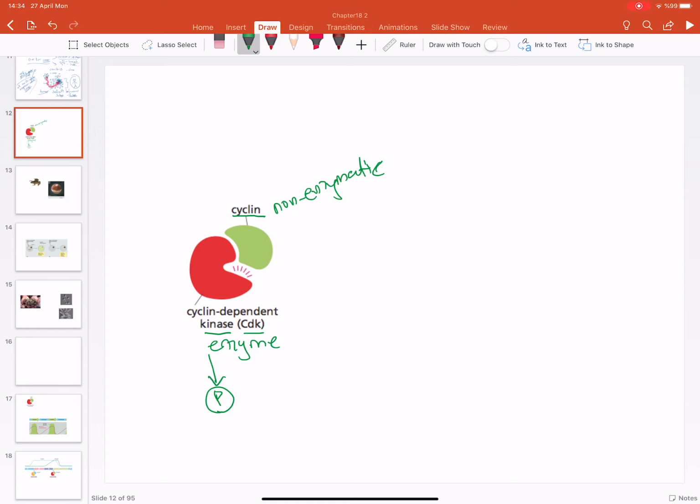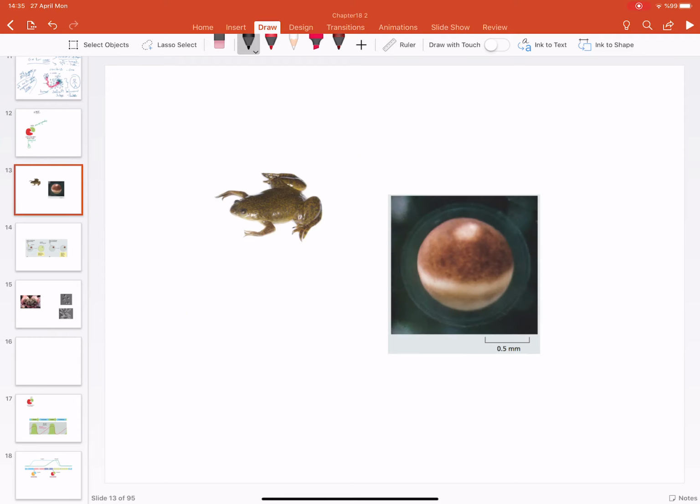Okay, when they were first found, they were found as the MPF, maturation promoting factor, or as I call it, mitosis promoting factor. So how it was found: on the frog embryo. This is the frog as you know it. When you kiss it, it becomes a handsome prince. But this is the prince because it is laying eggs. And these eggs are giant.